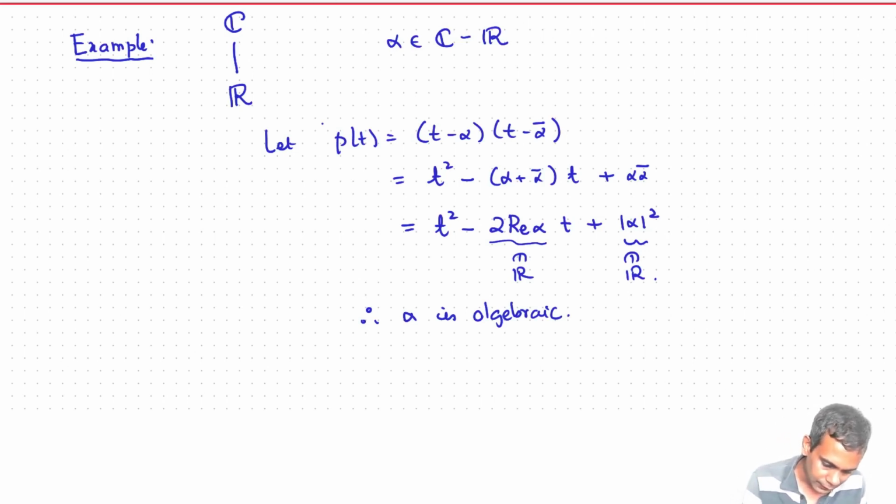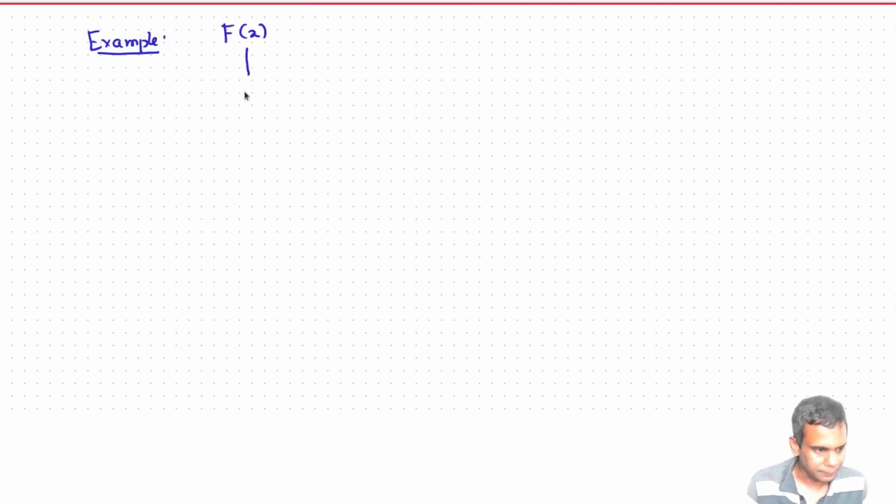Let's look at another relatively simple example. Let's look at the extension F(x) over F, and let's take alpha equal to x itself.